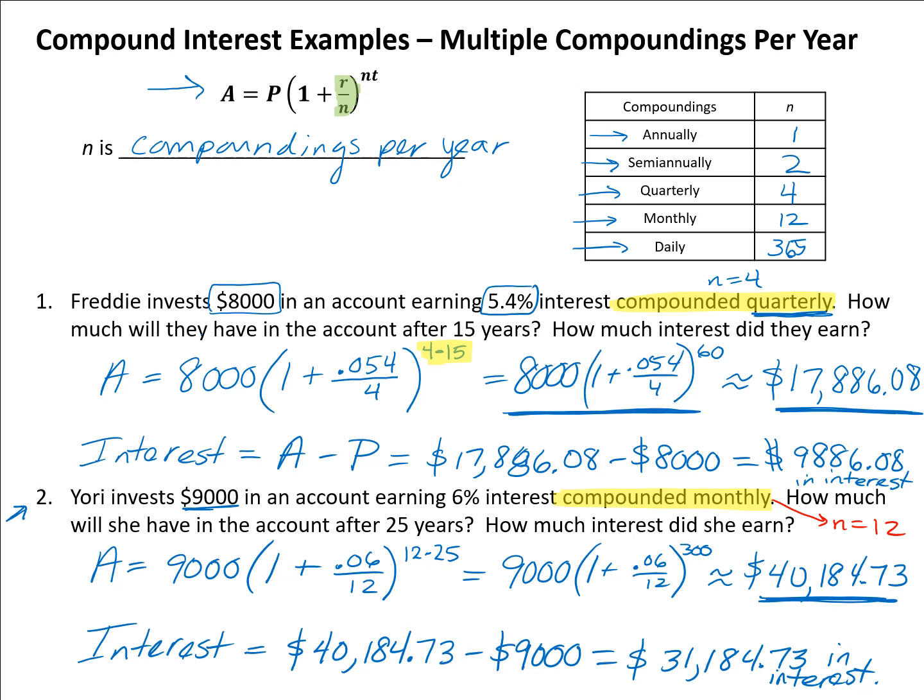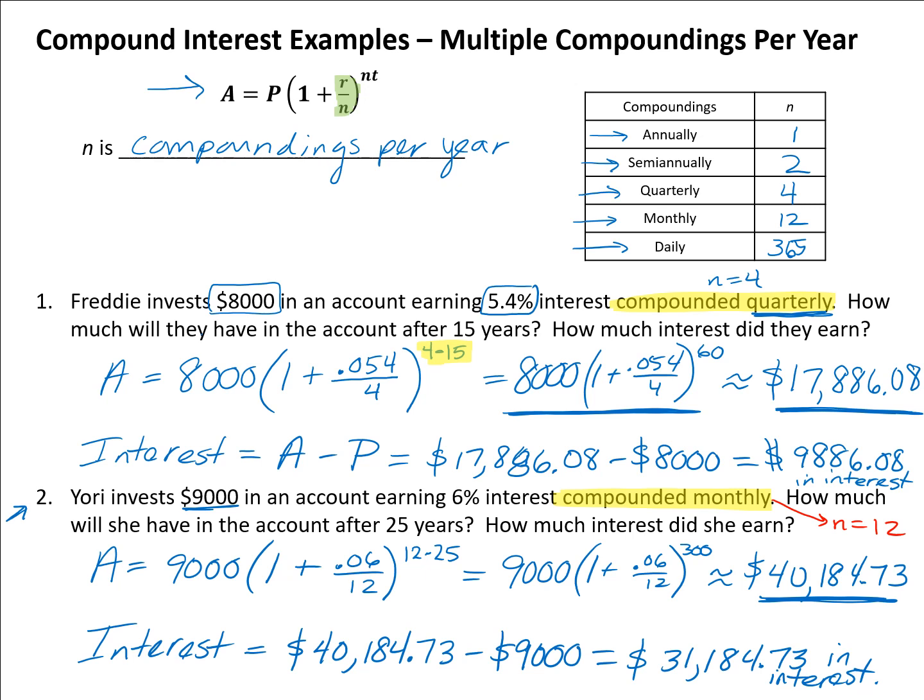That's because when you earn interest during the year, say 12 times like in the last example, when you earn interest each month, you're not earning the entire annual interest rate of 6% in Yori's case. You're earning 1/12 of 6%. Okay, so if the annual interest rate is 6%, you earn 1/12 of that for every month. So you actually have to divide that interest rate by 12 to think about how much you earn each month during those compoundings.